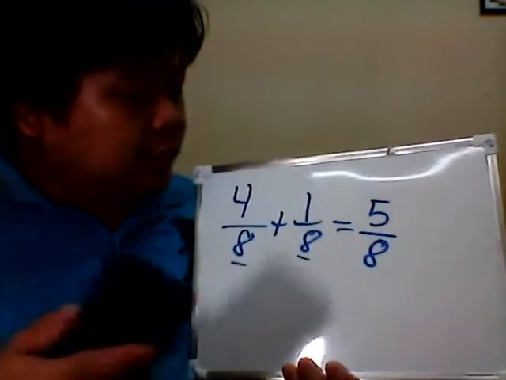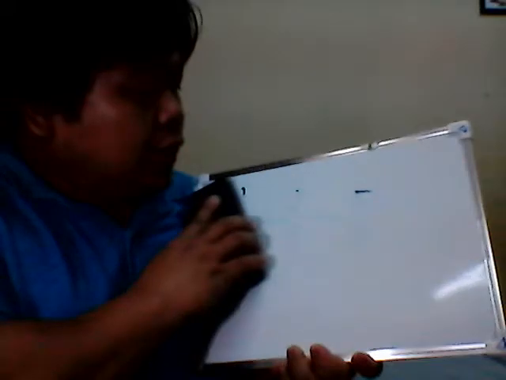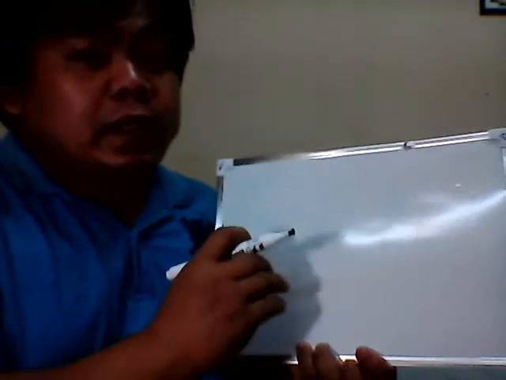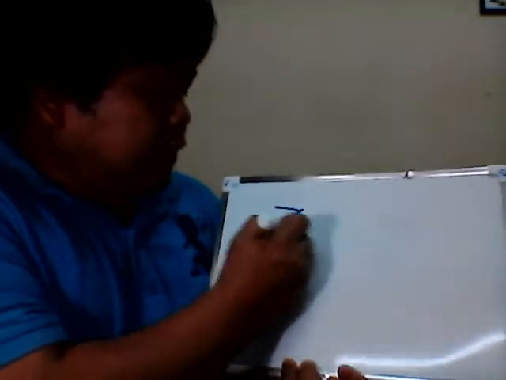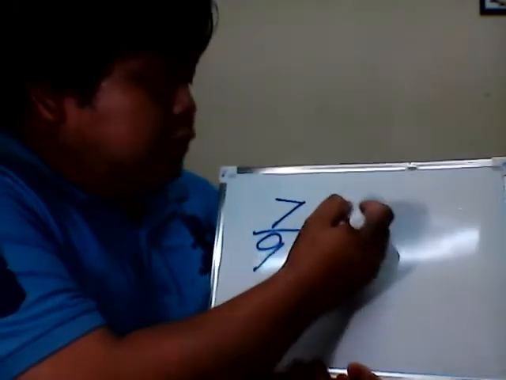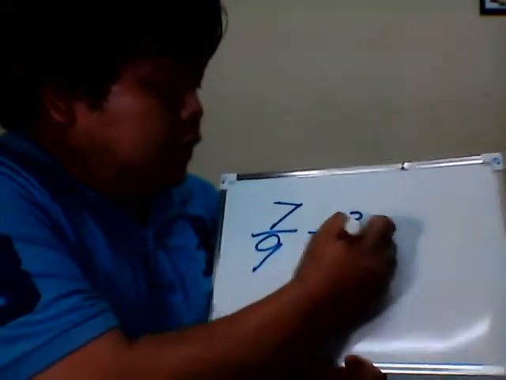Okay, now let's have some examples about subtraction. It is also the same with subtraction. If the fractions are similar, you simply need to subtract the numerators and copy the denominator. For example, we have 7/9 minus, let's say, 3/9.